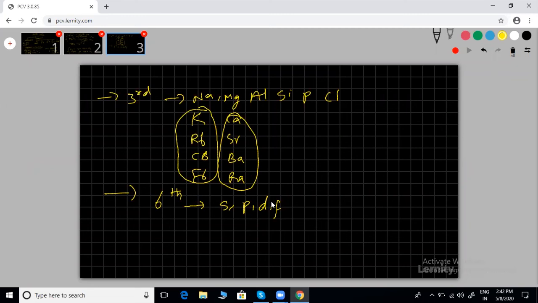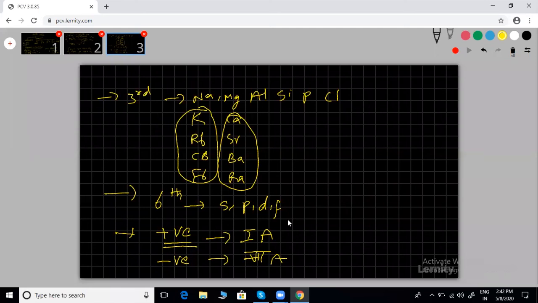Next. Which are the most electropositive elements in the periodic table? First A group. And the most electronegative elements: seventh A group elements. Next.